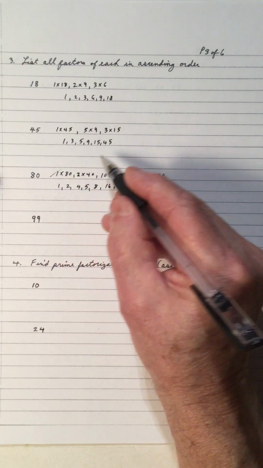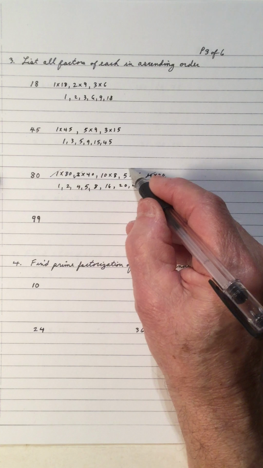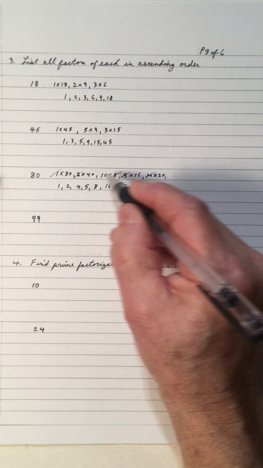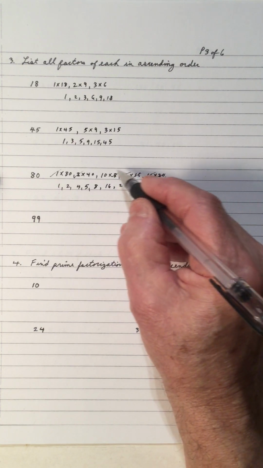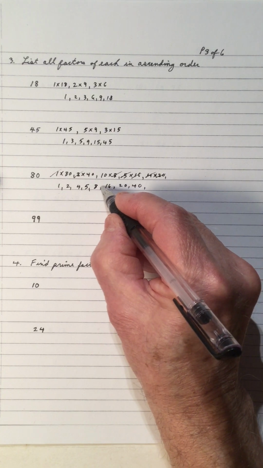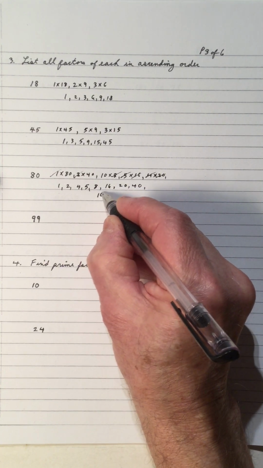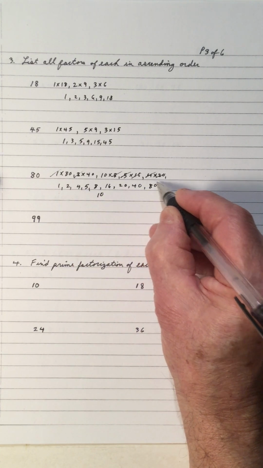So I got the 1, I got the 2, I got the 4, I got the 5, I have the 8, 16, yep, I have the 20, and I omitted the 10. I knew there was one missing here. So here's the 10 in ascending order, and it's the 80 on the end.